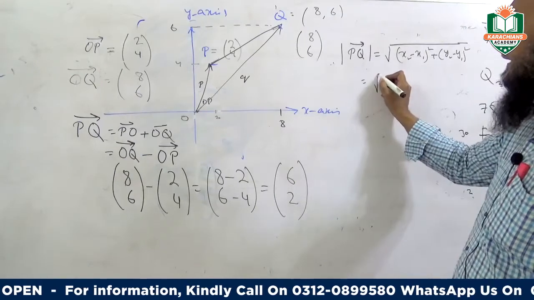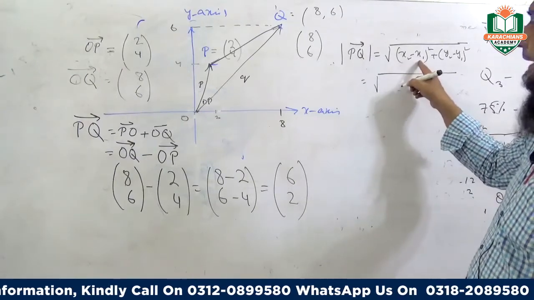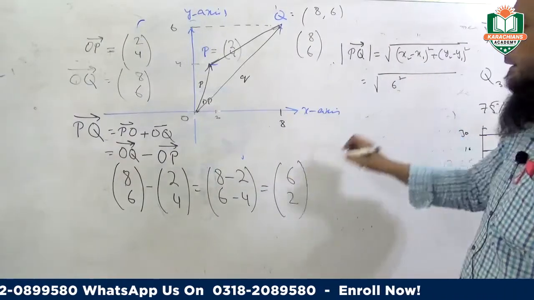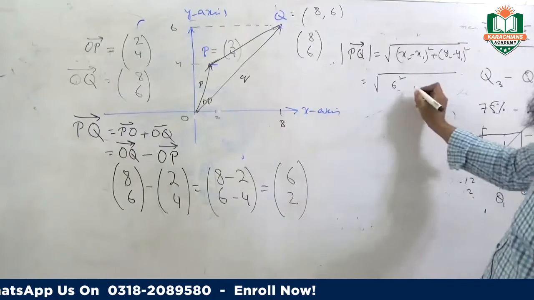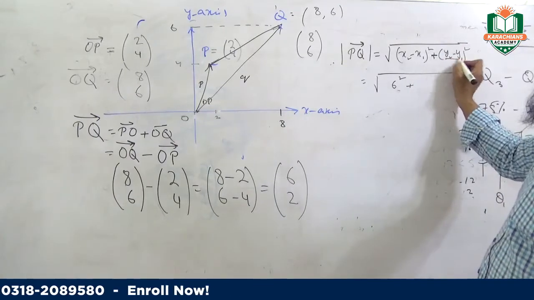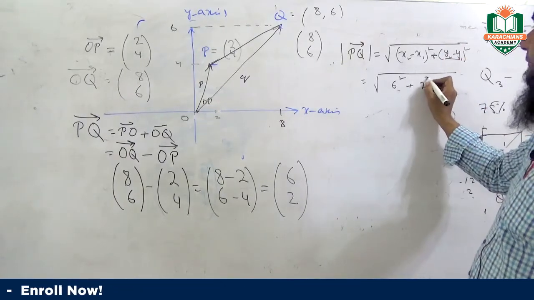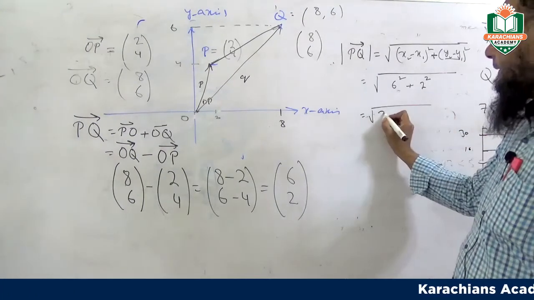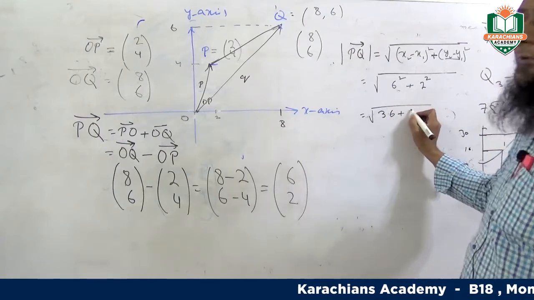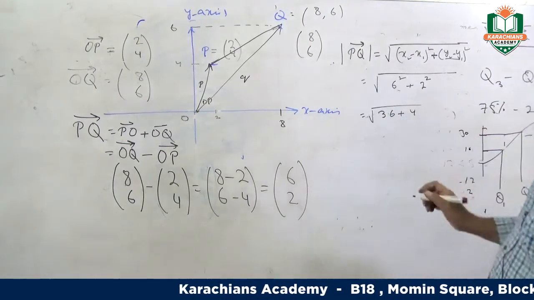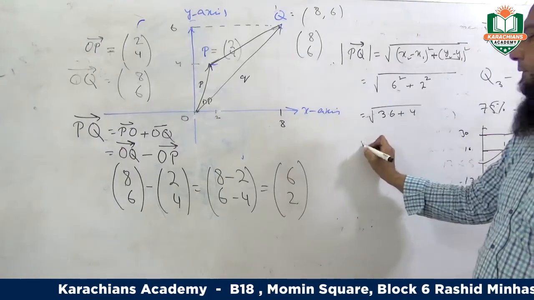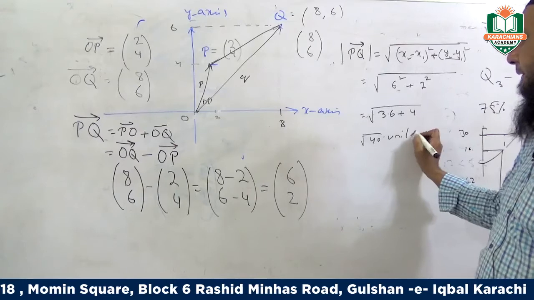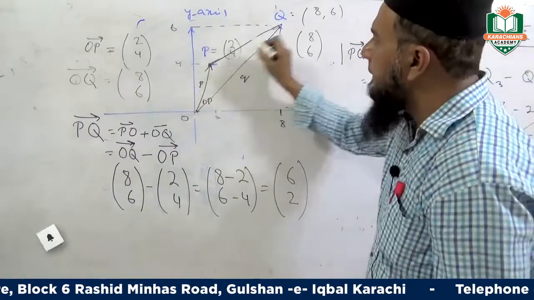So x2 minus x1 is 6, squared, plus y2 minus y1 is 2, squared. Now we find the answer. 6 squared is 36, and the square of 2 is 4. Add them and you get 40. So 40 units is the length of this line segment PQ.